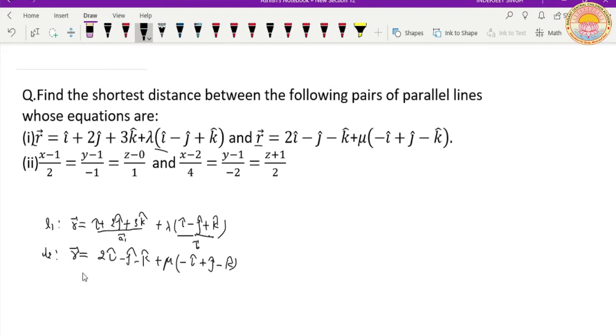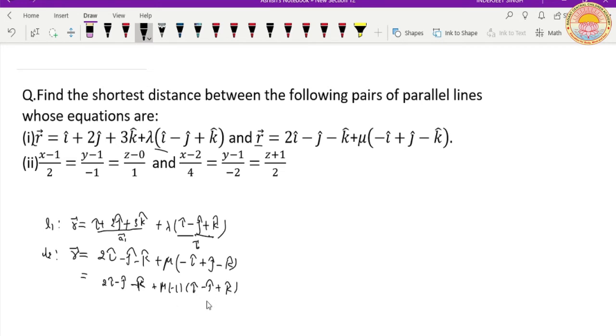and in the second line, if we take the minus sign common, then we will get mu into minus 1 times (i cap minus j cap plus k cap).